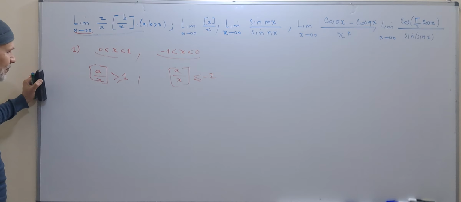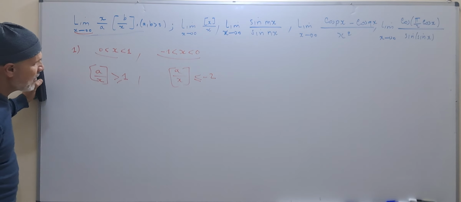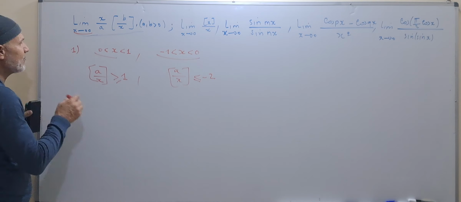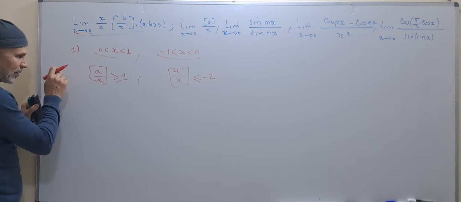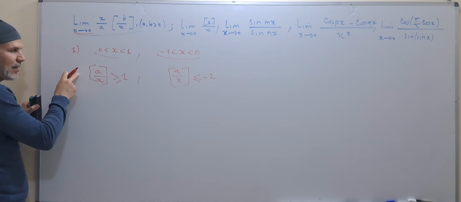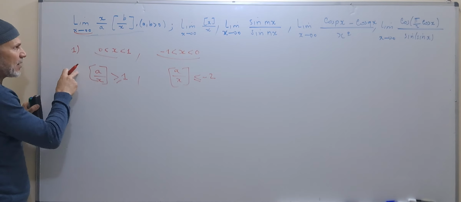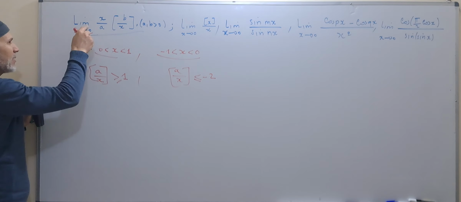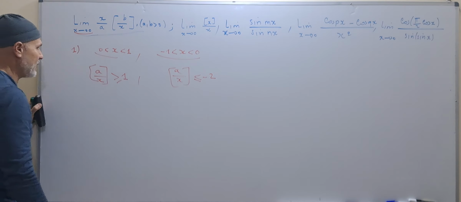Okay. So in both cases, they are well defined. This is very important, to give the fact that the integer part of b over x, when x is close to 0, is well defined.